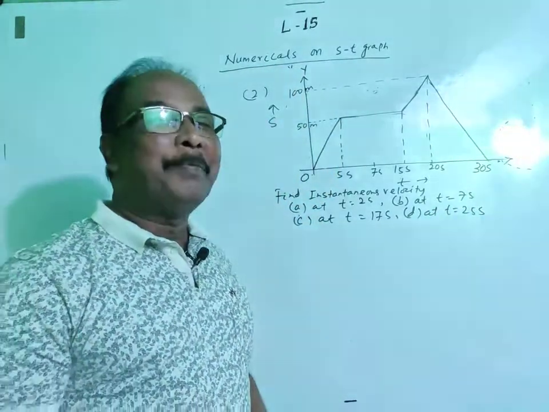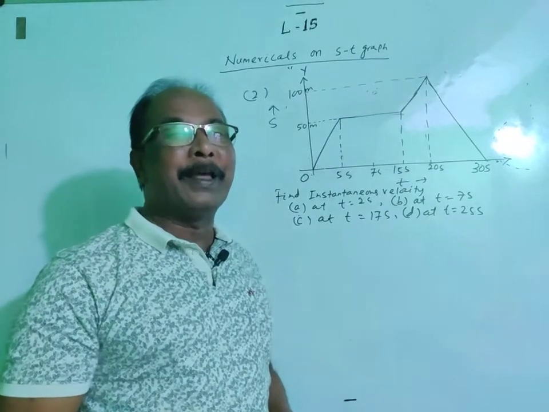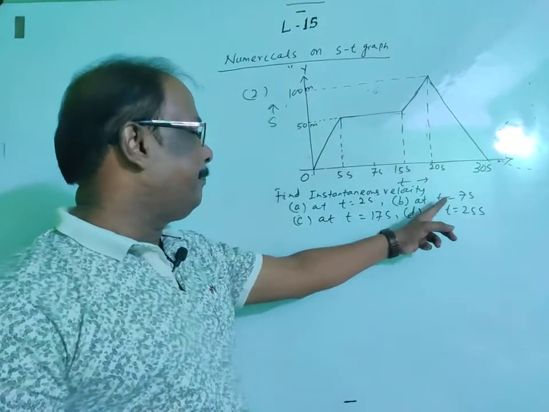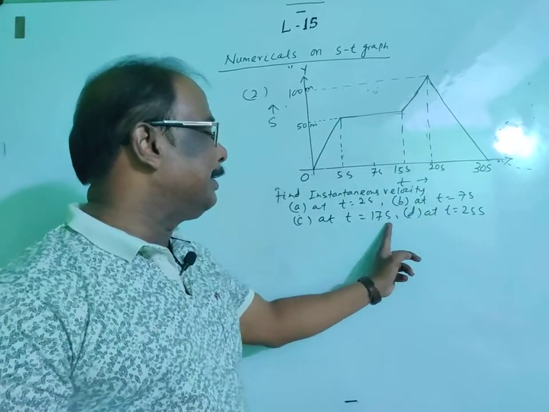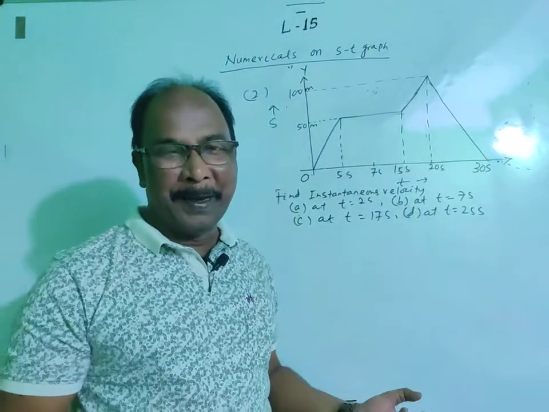From the given graph, we have to find the instantaneous velocity at different instants of time: at 2 seconds, 7 seconds, 17 seconds, and 25 seconds.